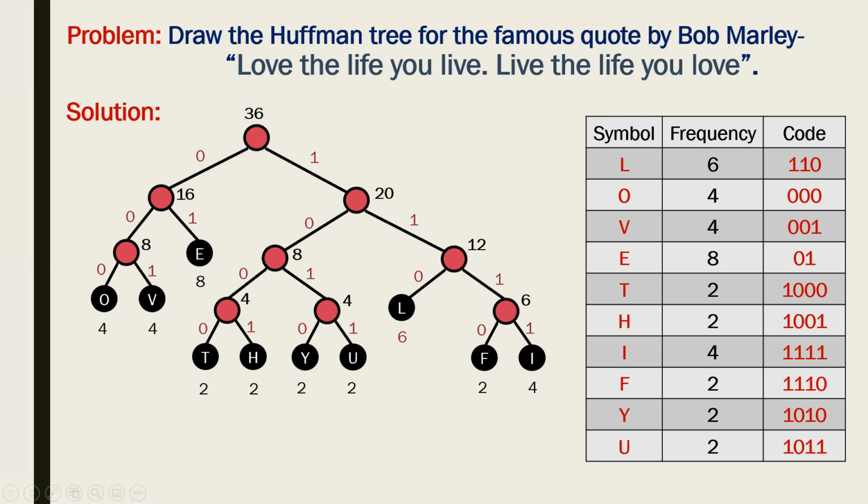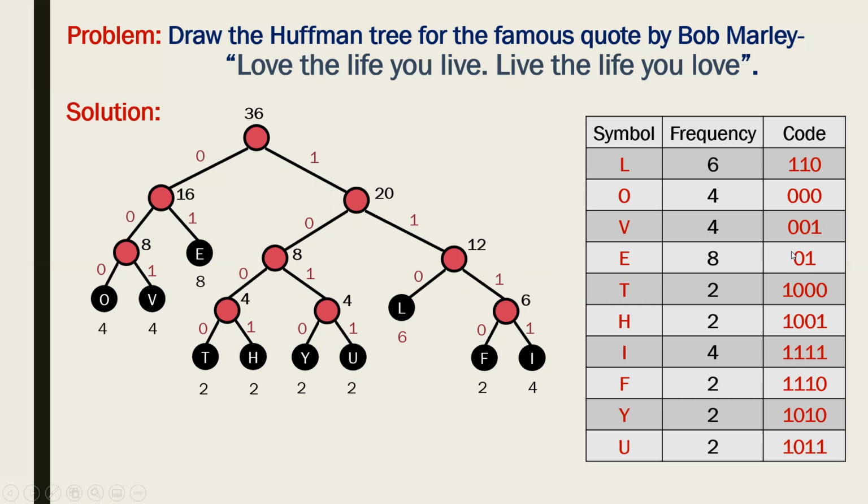Again you can analyze that the symbols whose frequency is higher, for example L whose frequency is 6, and E whose frequency is 8, contain the least number of bits. We can see that E has the highest frequency, 8. So the chance of occurrence of E is higher.